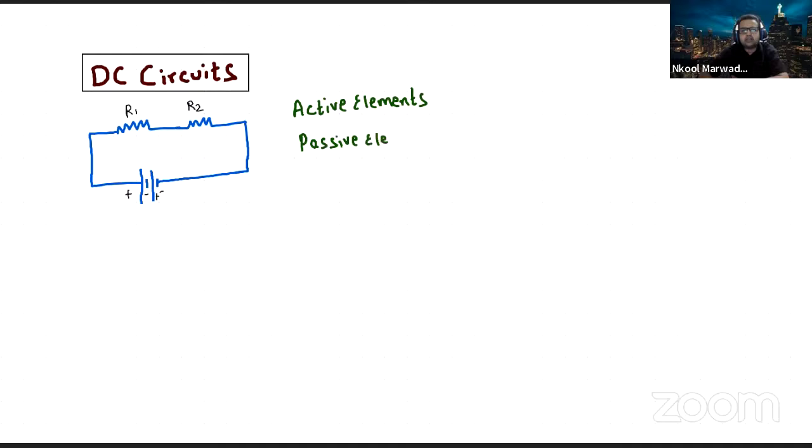And here, the battery is supplying the energy, and hence the battery is the active element. And the resistances are consuming the energy, and hence they are the passive elements.